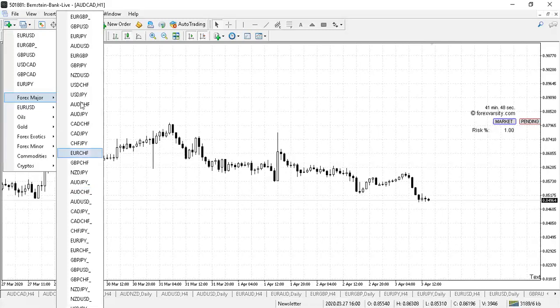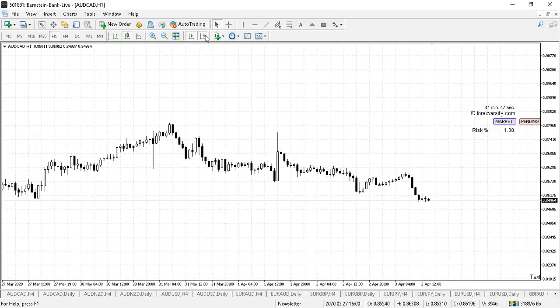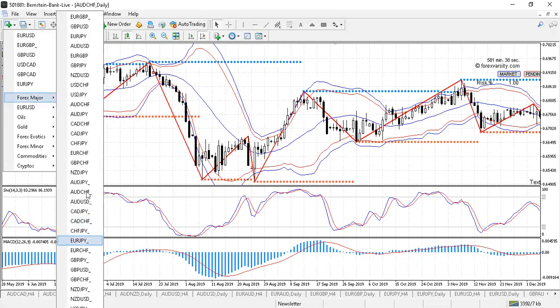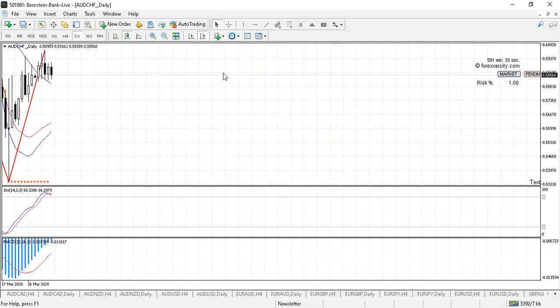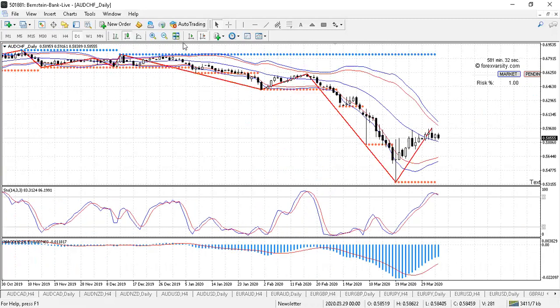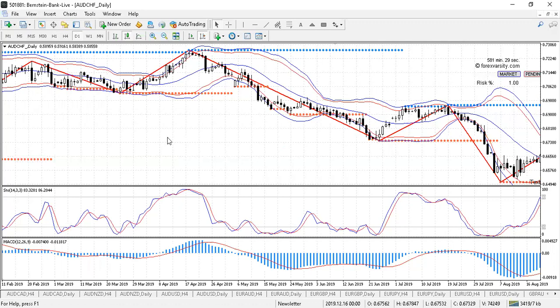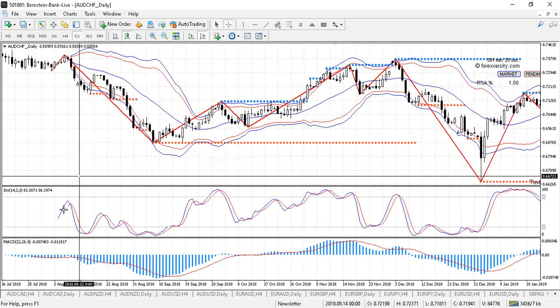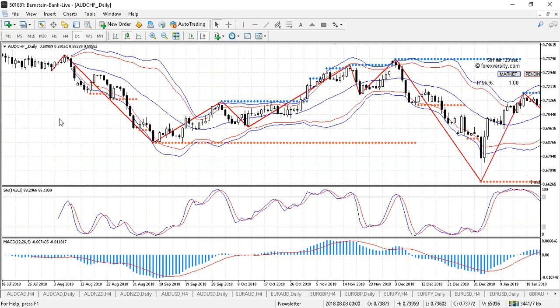Whereas, let's just take this pair, the Aussie dollar Swiss franc. Get that loaded up here, and then if you do the same pair with the underscore, Aussie dollar Swiss franc with the underscore, and then you have it on the daily chart. So now I'm on the daily charts here with the underscore, and if I scroll back, it stops at August 2018.